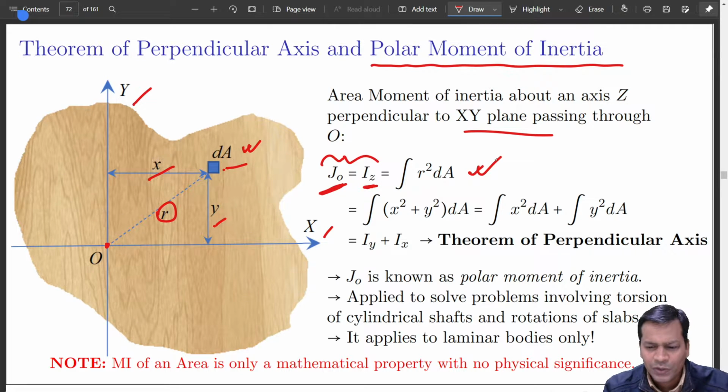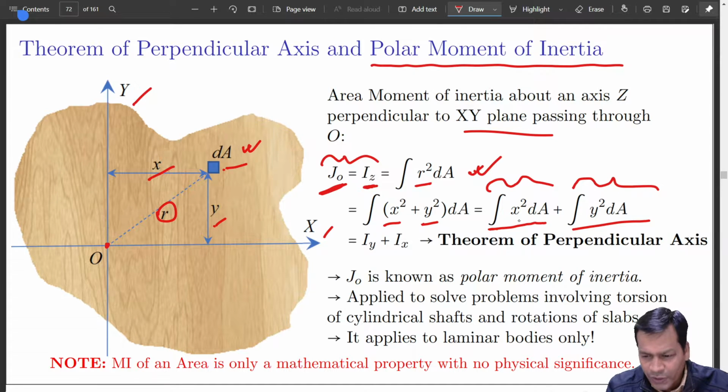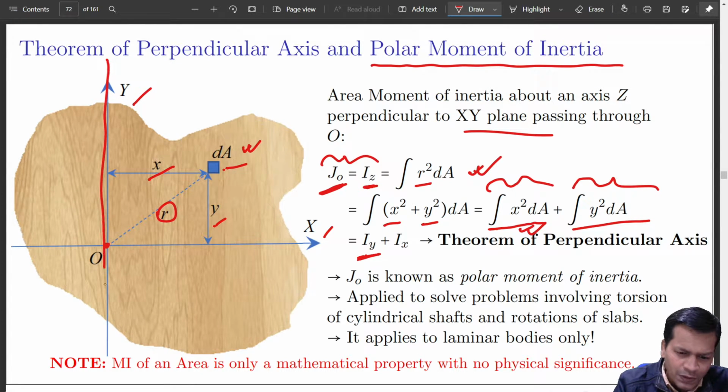So if you extend to the next, r square can be written as x square plus y square. That can directly give you this. So effectively, what was this and what was this? This is exactly equal to Iy, that is the moment of inertia about this axis, right?